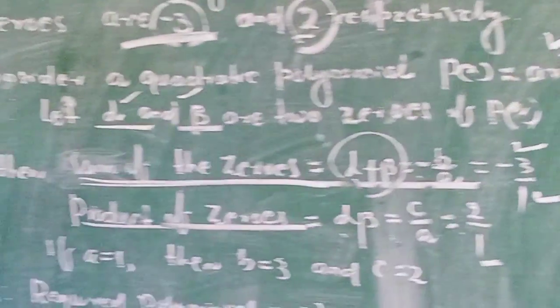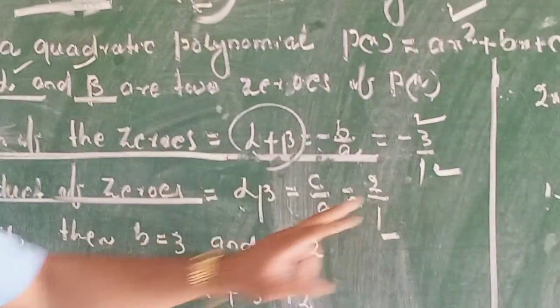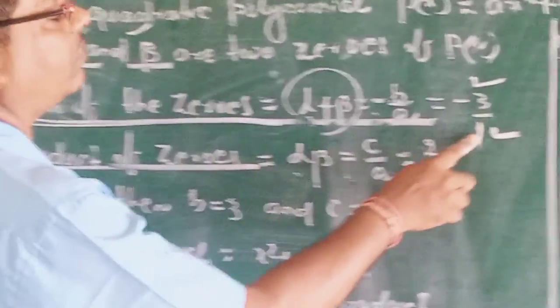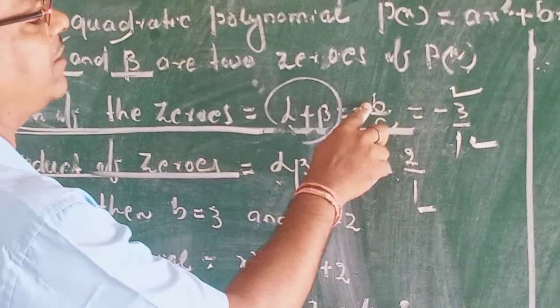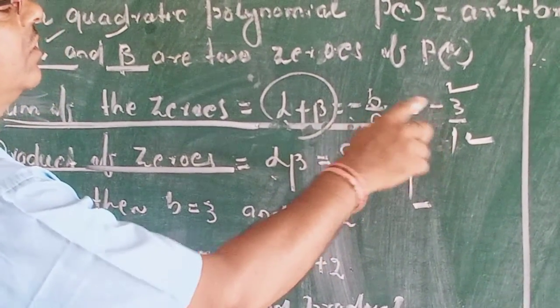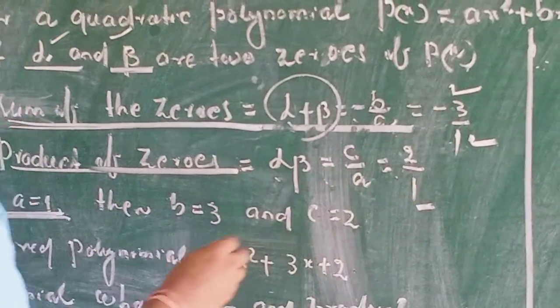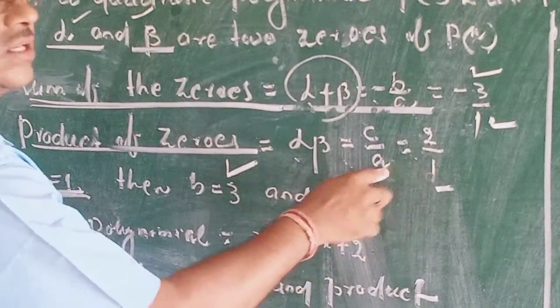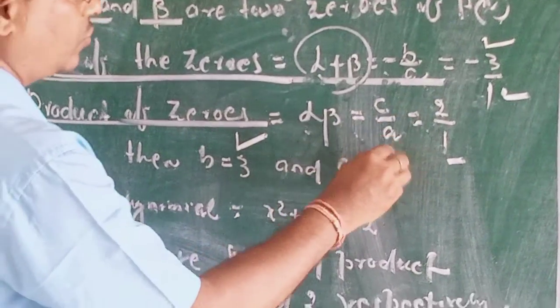Now you see, if a is equal to 1, then -b is equal to -3, so b will become 3. Similarly, c by a is 2 by 1, and a is equal to 1, so c will be 2.